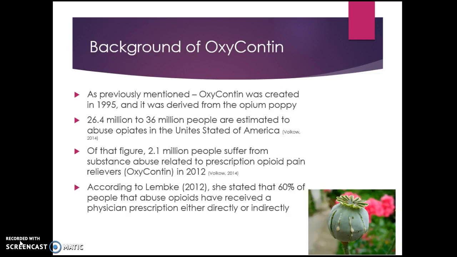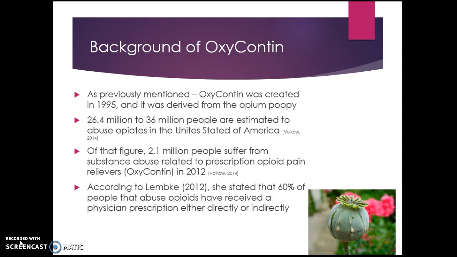Background of OxyContin. Like we mentioned, it's derived from the opium poppy. 26.4 million to 36 million people are estimated to abuse opiates in the United States. Of that figure, 2.1 million people suffer from substance abuse related to prescription opioid pain relievers.